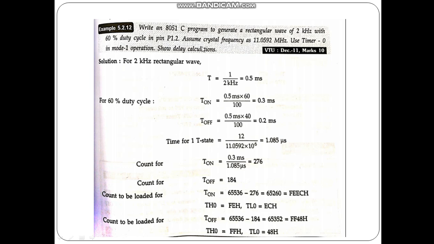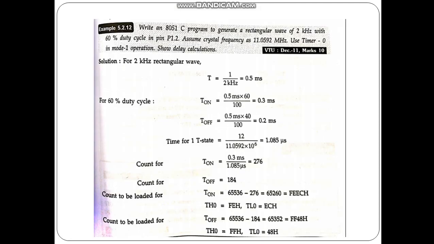Here in the question it is given as port 1, pin 2. Here a slight change has to be done. It has to be P1 cap 2 instead of P2 cap 1. Kindly note the change. Then we have to declare the functions.